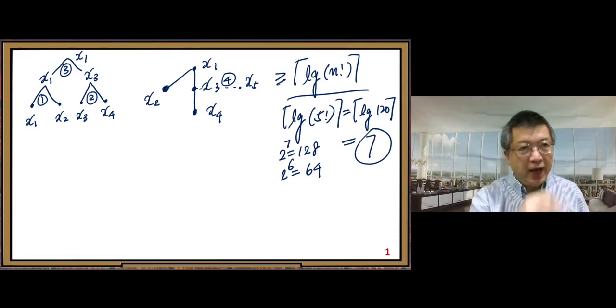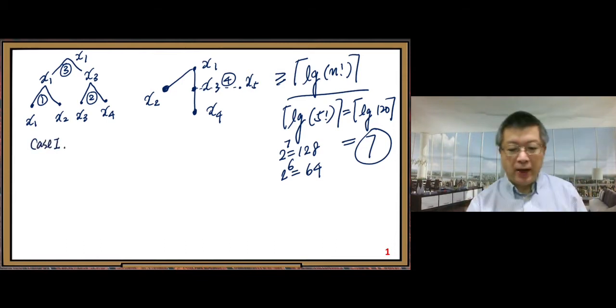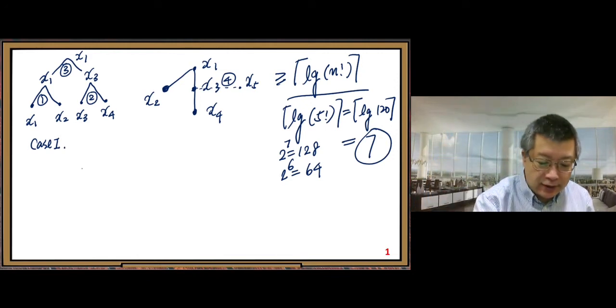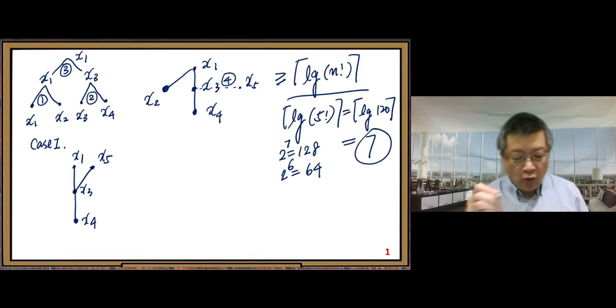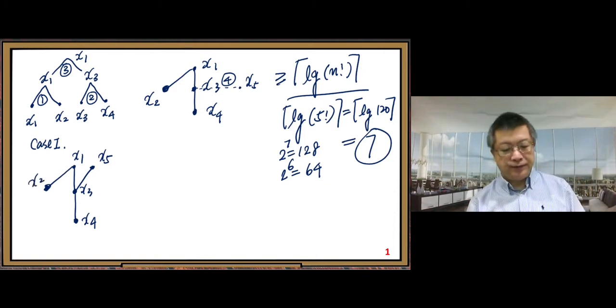Let me consider case 1, X5 greater than X3. So our diagram becomes this one: X1, X3, X4, X5 greater than X3, and X2 here.